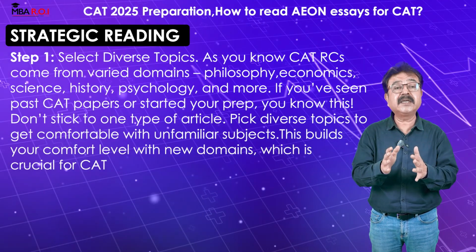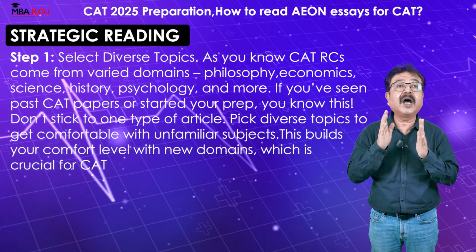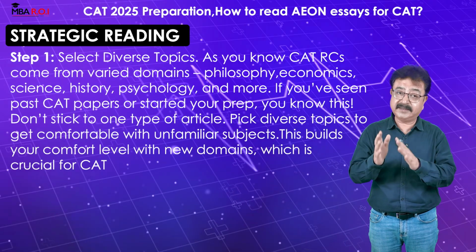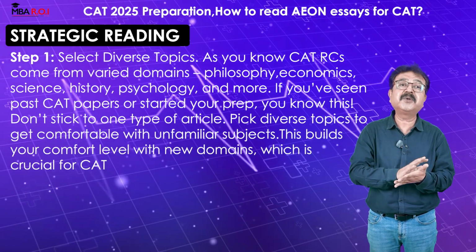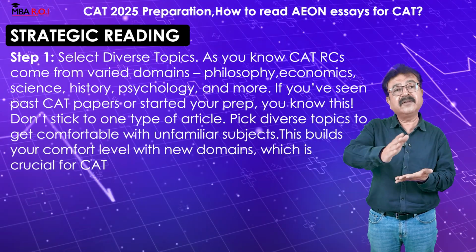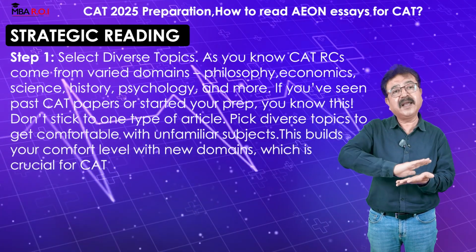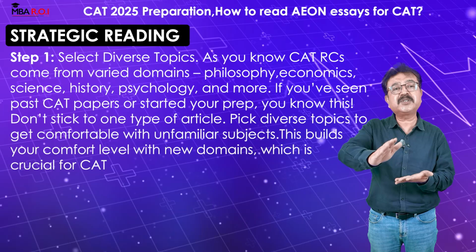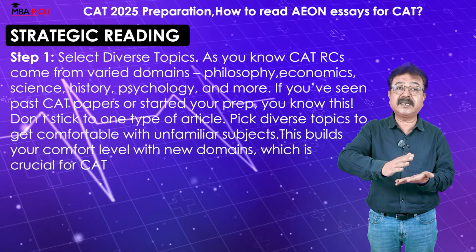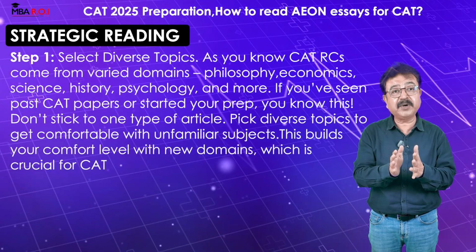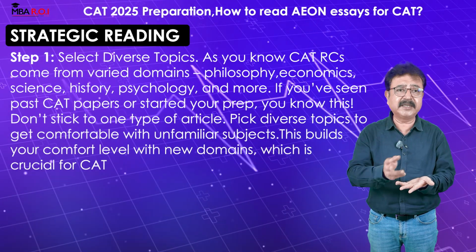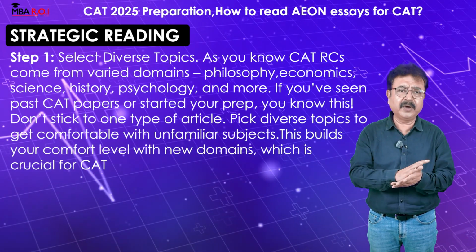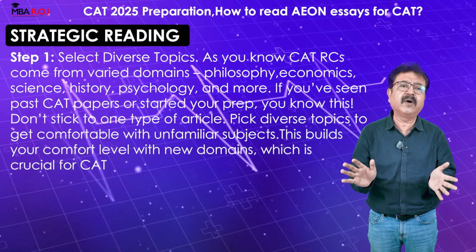And the standard of language in AEON essays is amazing. Since CAT uses AEON essays regularly, you must align your thought process with CAT and read topics as diverse as possible, but make sure that you are not reading any personal experience or storytelling. You should not read that on AEON.